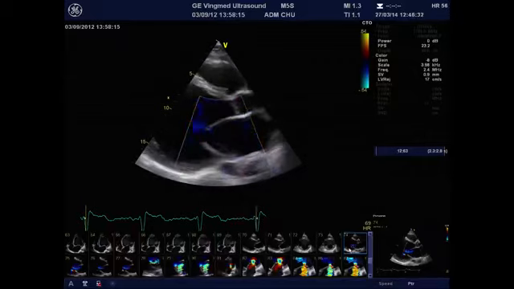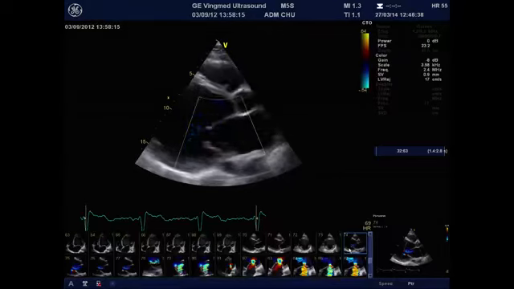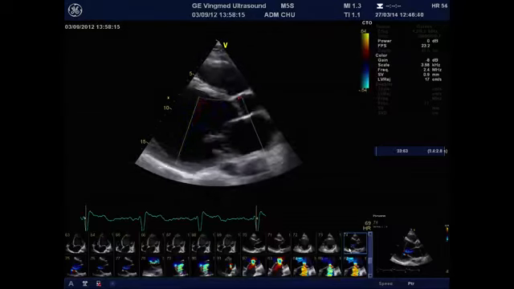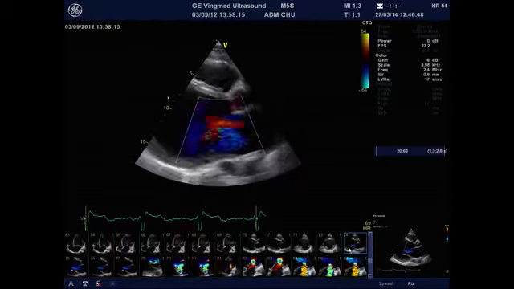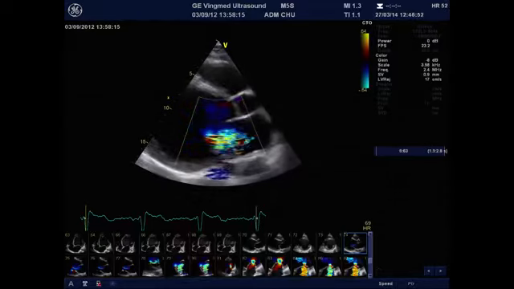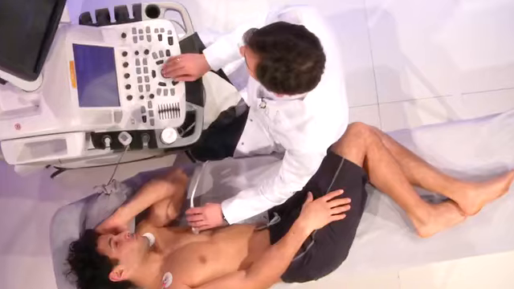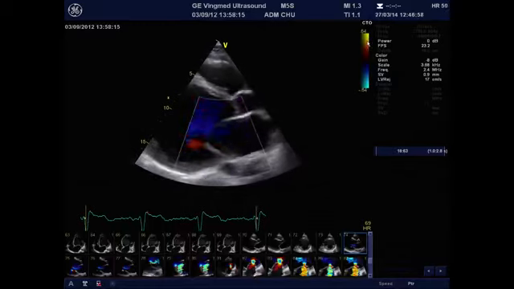And if I decrease a lot, I will have no mitral regurg, just by moving the gain. So what is recommended? It is recommended just to set the gain before the appearance of color noise artifact. This is for first. The second thing that you should do is to set the color scale at the highest level, for sure.